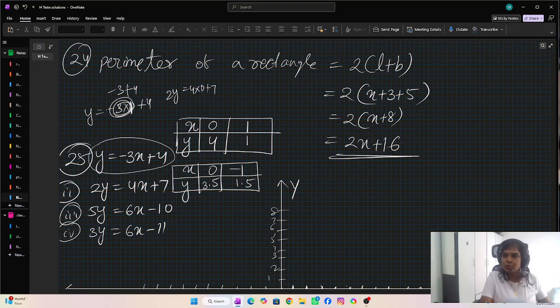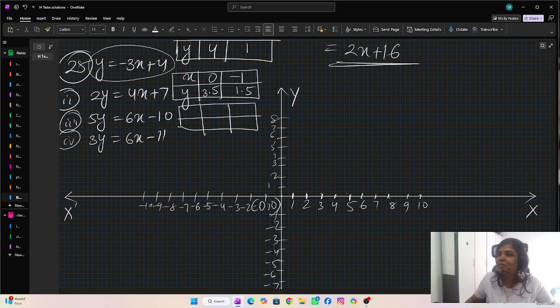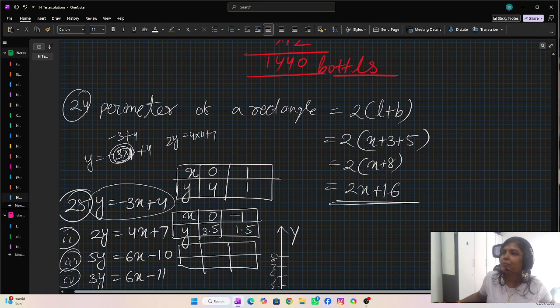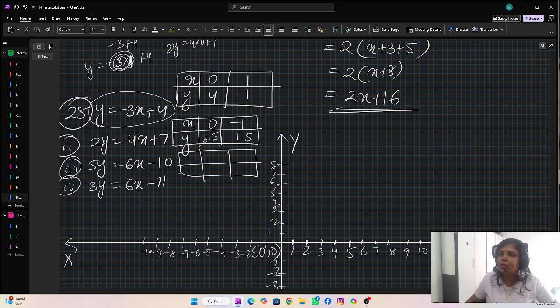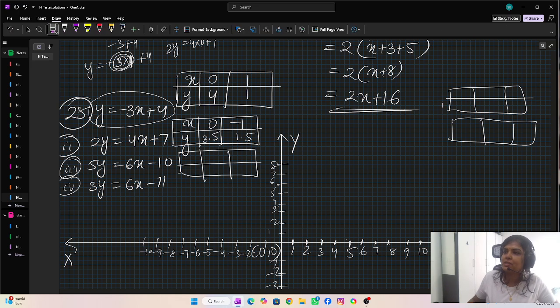Similar way, let's go for the third equation. Make the table. I don't want to make the table here because the graph is next to it. I need to draw the graph though. Okay, for this third and fourth I want to draw the box this side, because the graph may come this way, that's why I am thinking to erase this box.